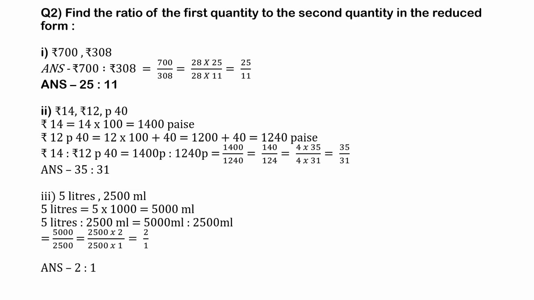So we have 5000 upon 2500, which is equal to 2500 multiplied by 2 upon 2500 multiplied by 1. 2500 in the numerator and 2500 in the denominator will be cancelled, and we have 2 upon 1. So our answer is 2 is to 1. Let's move forward.